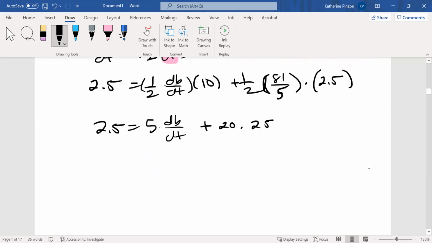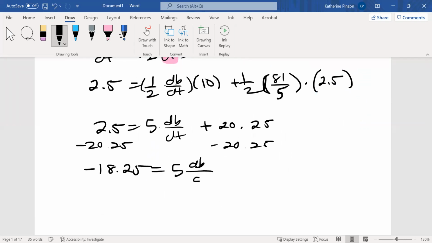Okay, I'm trying to get dB dt, so I have to subtract 20.25. 2.5 minus 20.25 is negative 17.75.